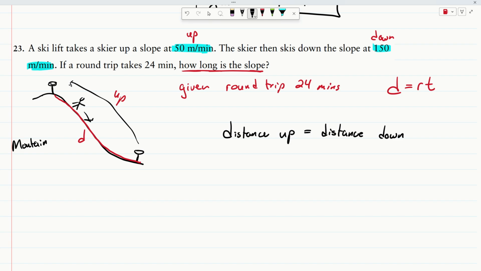So hopefully things are starting to make sense now. All right, we don't know the distance, but what we do know is distance equals rate times time. So we have the rate up multiplied by the time up has to equal our rate down multiplied by the time going down. All right, yeah, it looks bad.